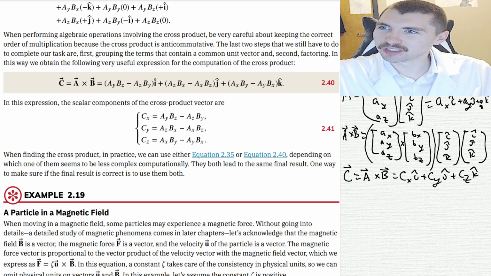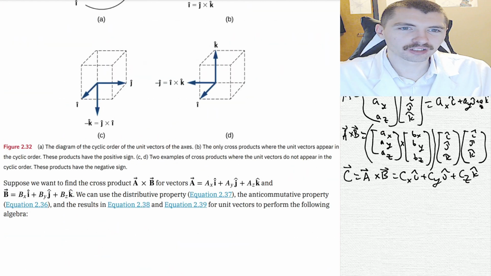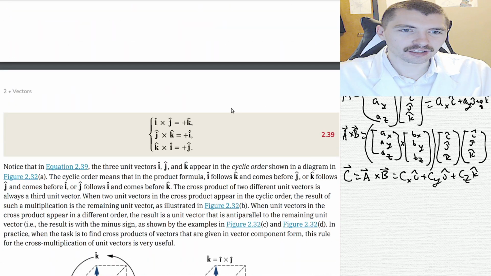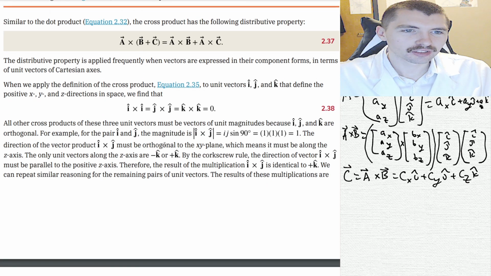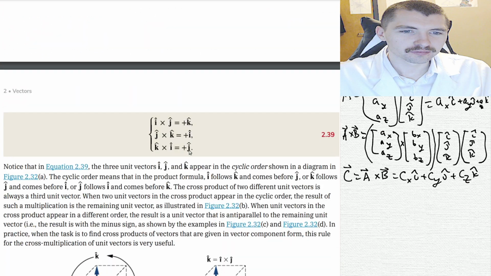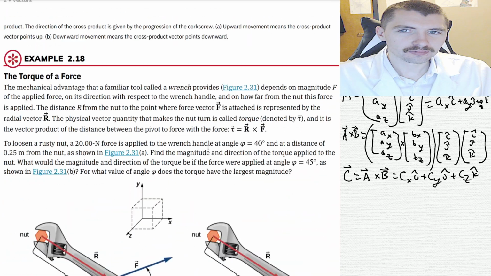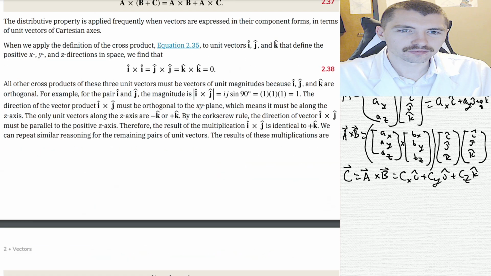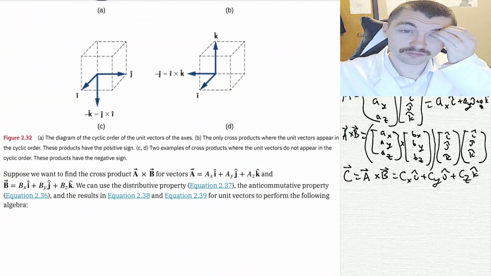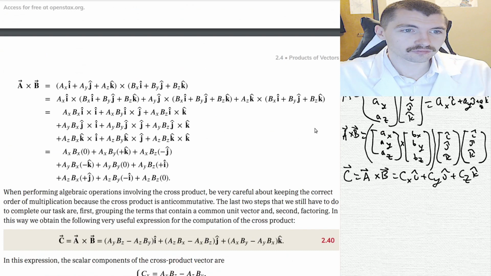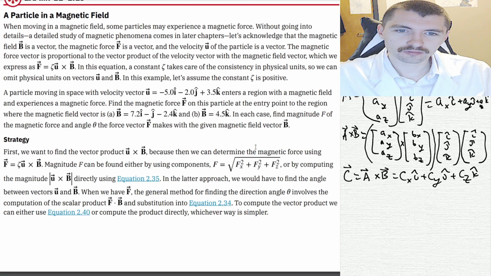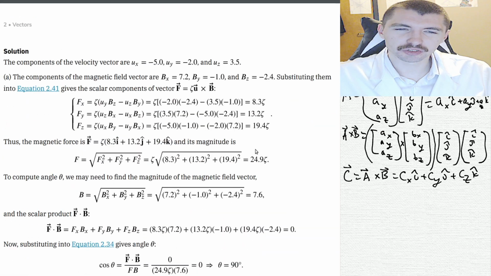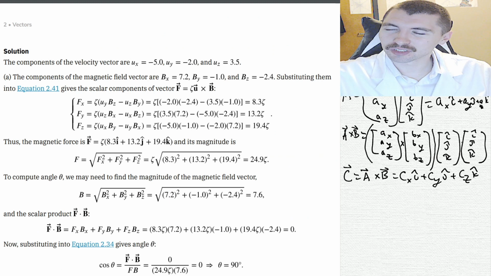So when you multiply these, it's going to be i squared. I think i squared is 1. I'm not sure if you multiply these, take the dot product.